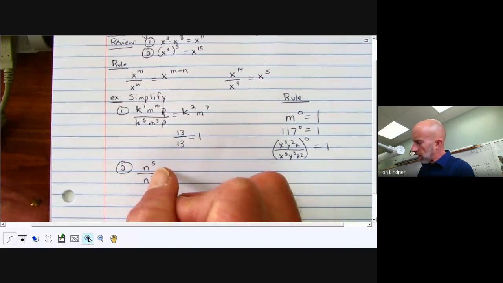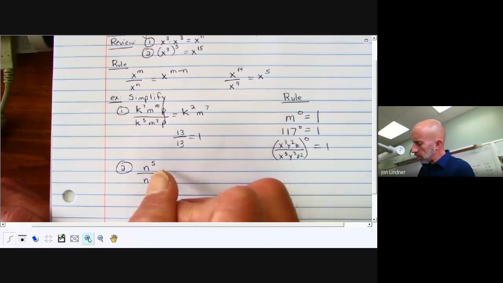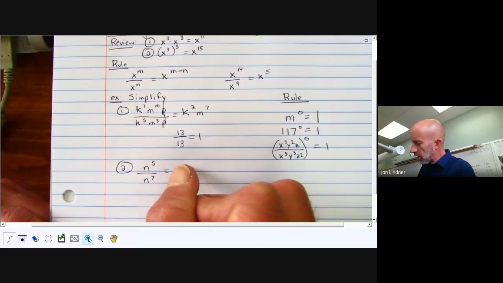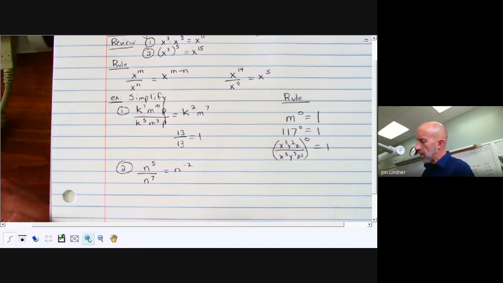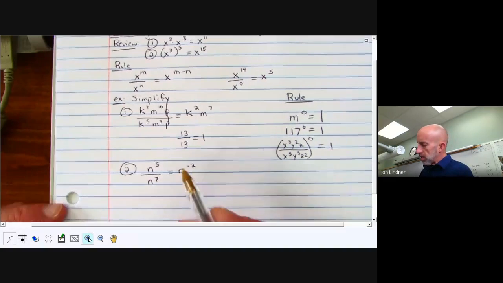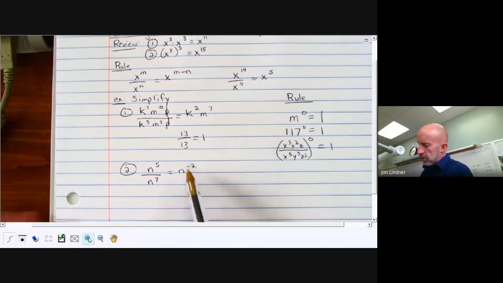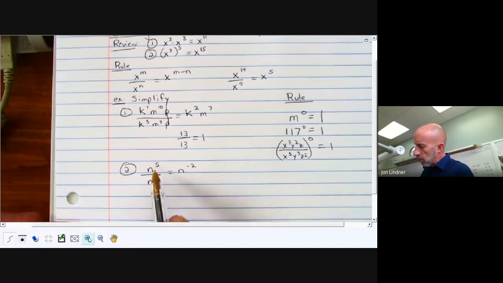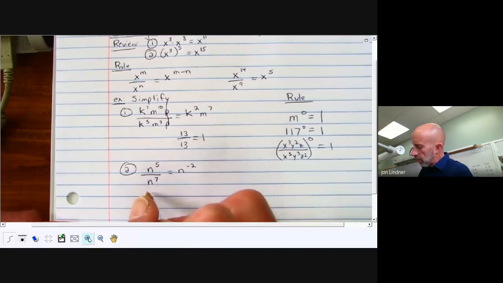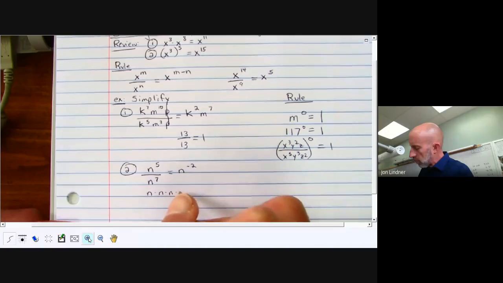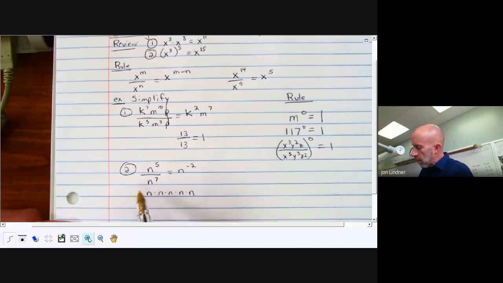So negative 2. Well, I suppose I could say n to the negative 2, but where is that n to the 2nd power? Is it on the top or the bottom? Well, look at what this thing means. N to the 5th means this. N to the 7th means this.